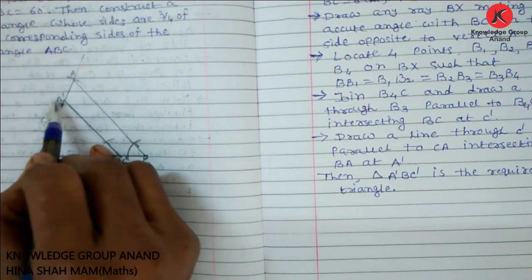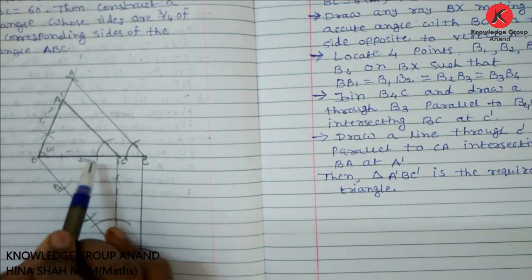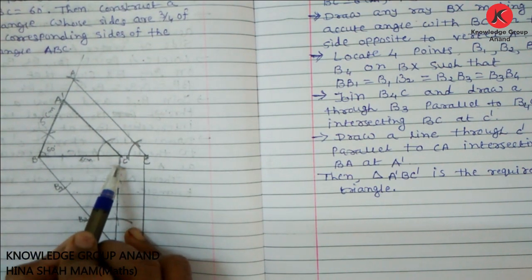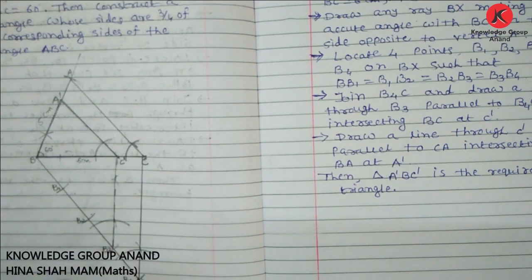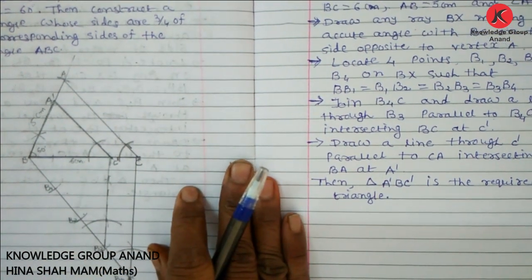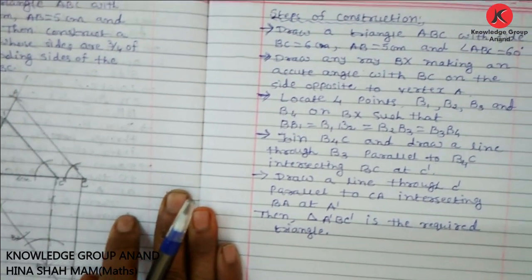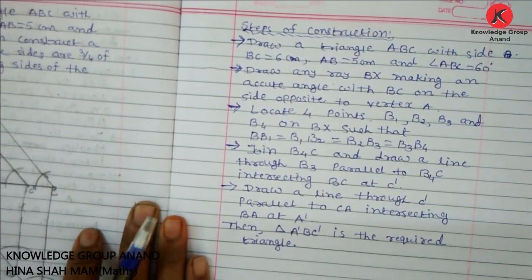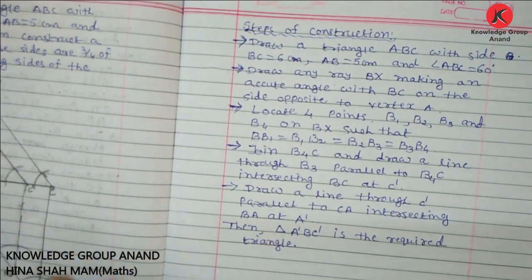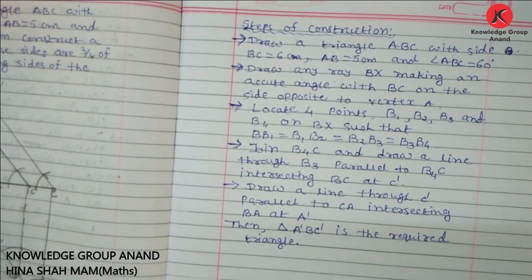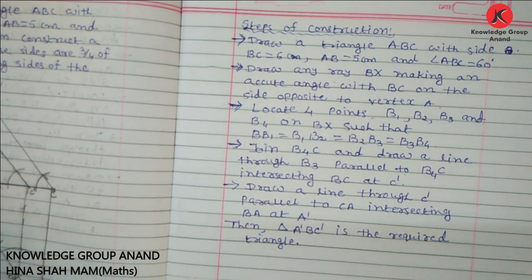Therefore, triangle A dash B C dash is our required triangle, and here we write our steps. Question number 5 is completed here.